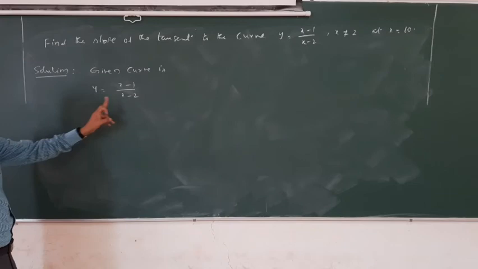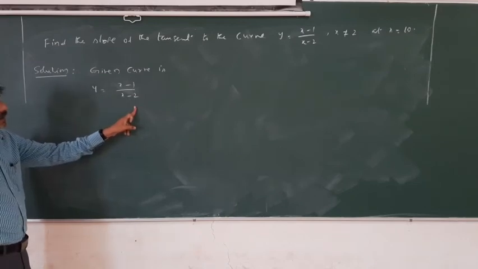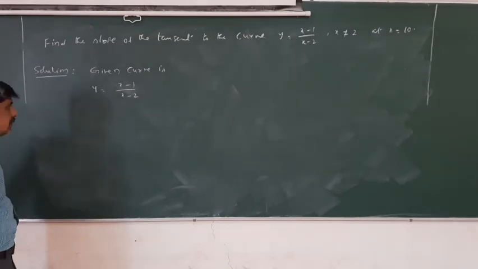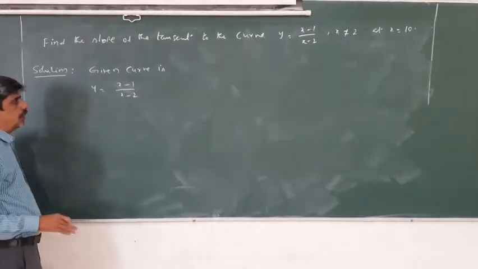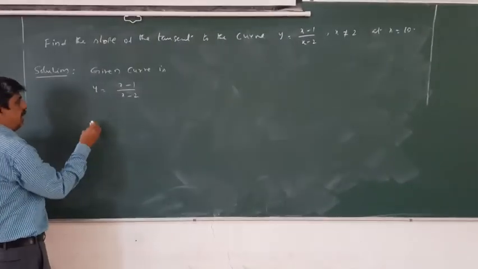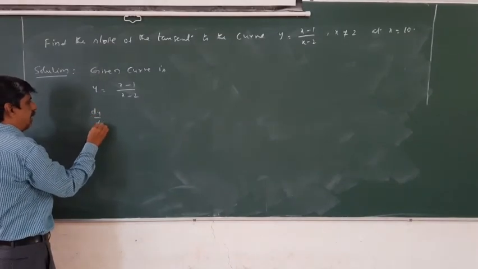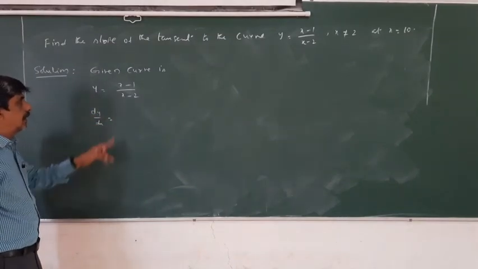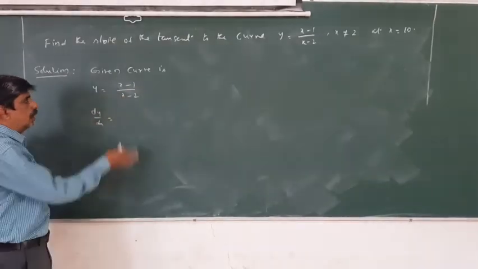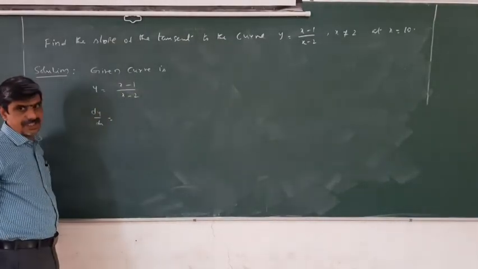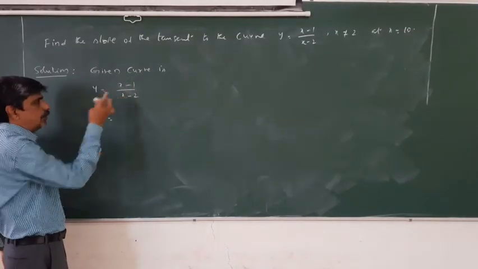So dy by dx is called the slope of the curve. Differentiate with respect to x on both sides. Then dy by dx of y is equal to dy by dx of x minus 1 by x minus 2. So u and v are functions in x, dy by dx of u by v.